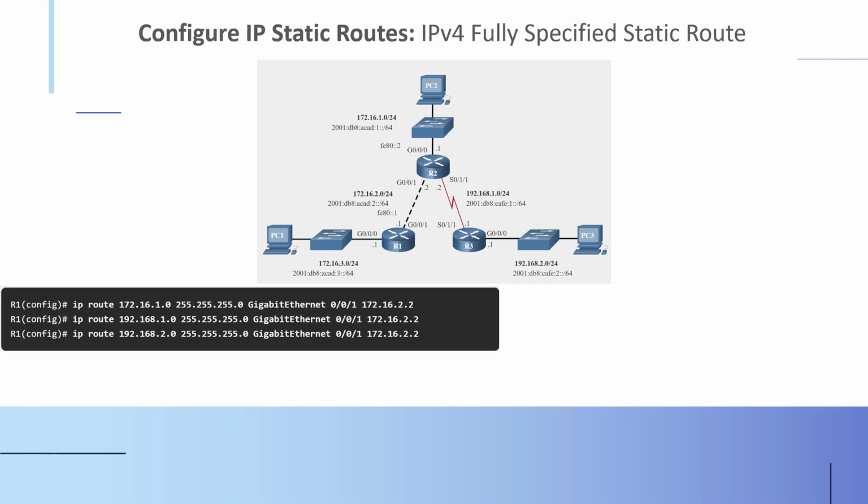And the last line is the IP route to reach 192.168.2.0 with the subnet mask /24 through the interface GigabitEthernet 0/0/1, as the interface where we have to forward the packets at router 1. And the next hop is the IP address of the interface Gig 0/0/1 of router 2, which is 172.16.2.2.